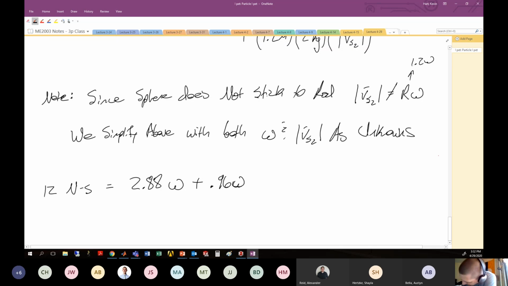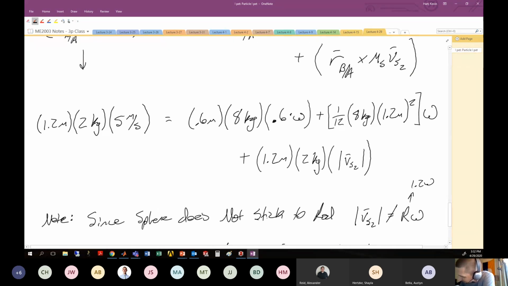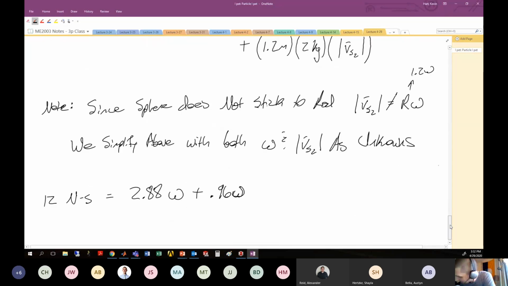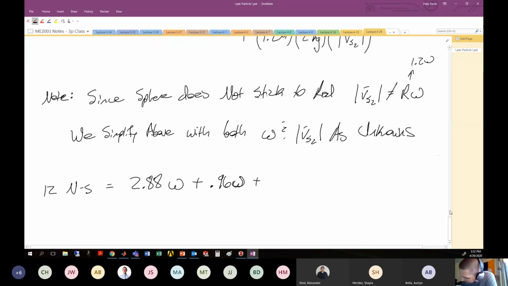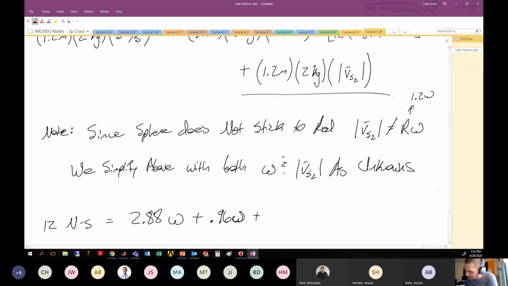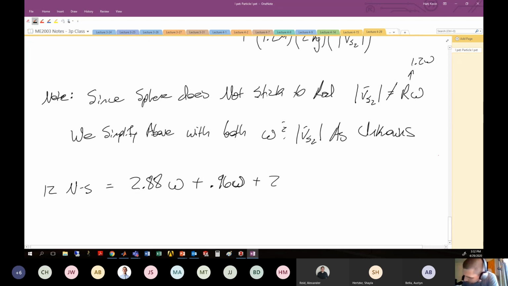This is an omega, or W as my students sometimes like to say. That comes from this portion, which is the angular velocity of the rod itself. And I'm going to add to this a last contribution, which will look something like 2.4 times the magnitude of the velocity of the sphere in state number 2. All right, let's call this equation 1.